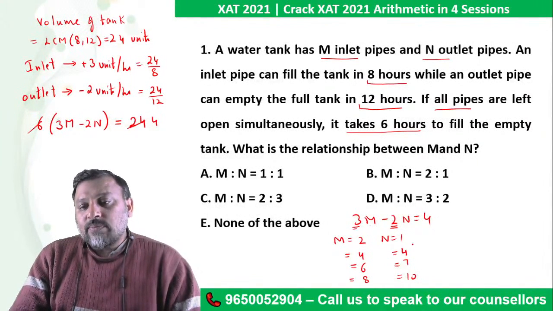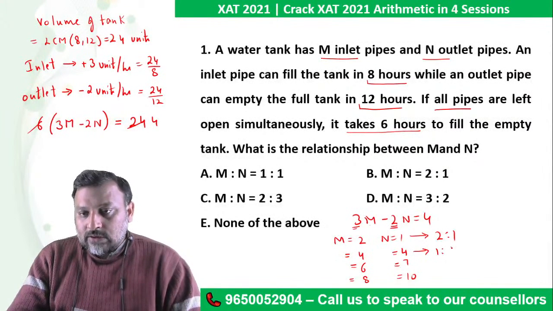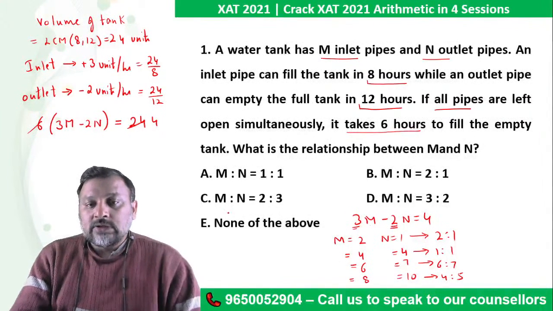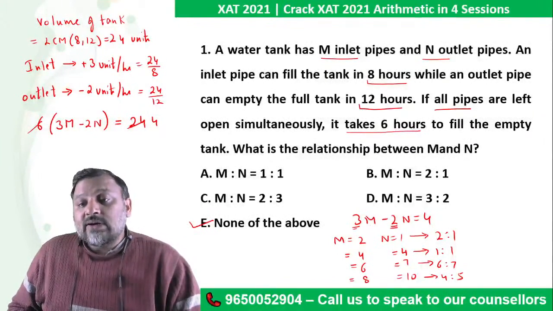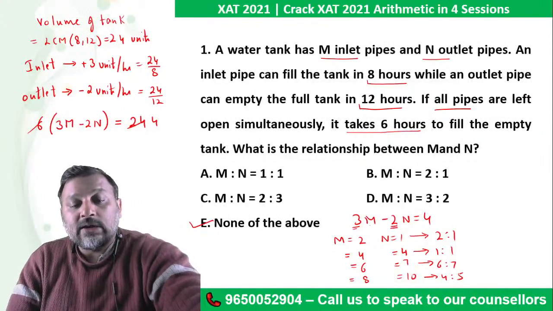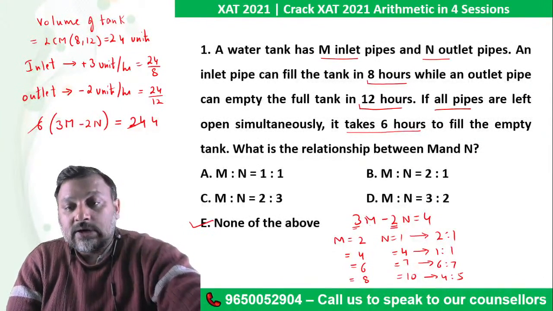So there would be multiple possibilities. Ratio can be 2:1, ratio can be 1:1, ratio can be 6:7, 4:5. So all these are possibilities. So answer is E. We cannot uniquely determine the relationship between m and n. There are multiple possibilities, multiple relationships.